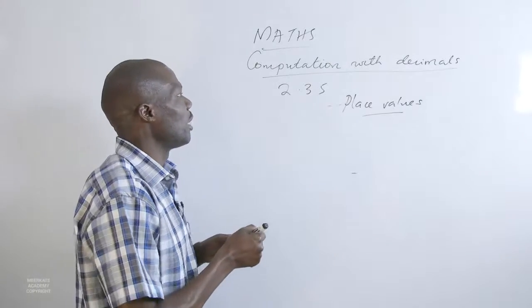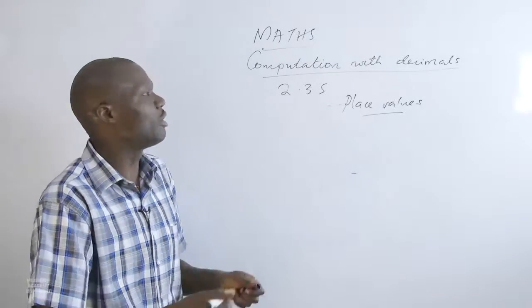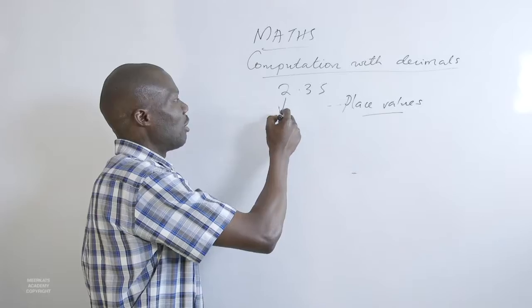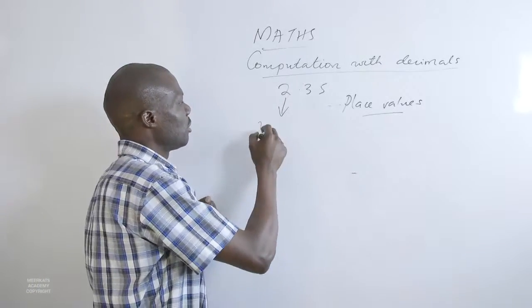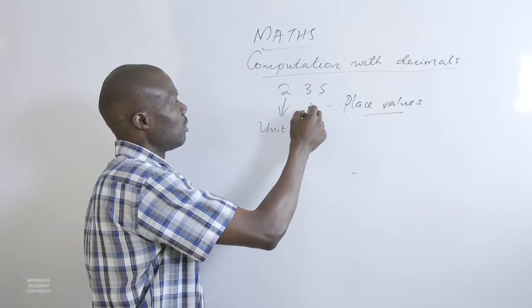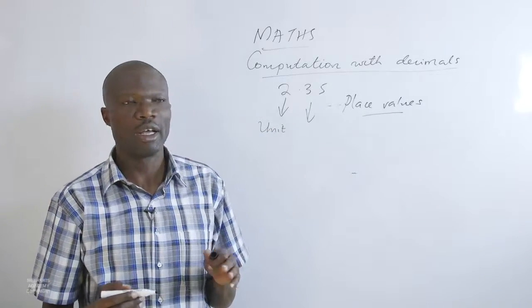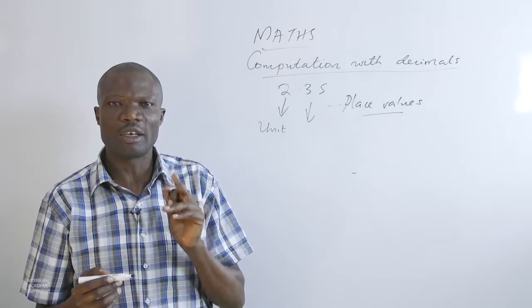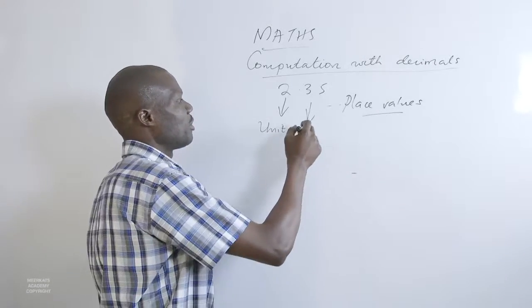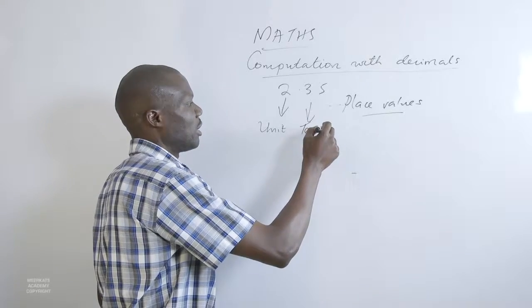For example, given what I have, this is a whole number which simply forms a unit. This one here is a decimal part, and it is the first decimal part which forms a tenth.